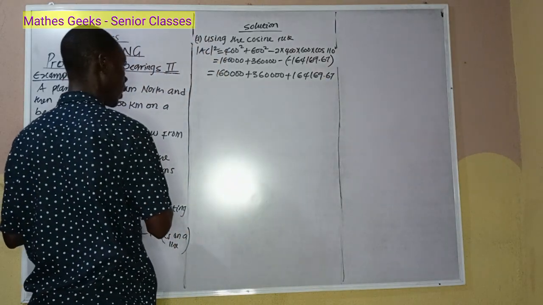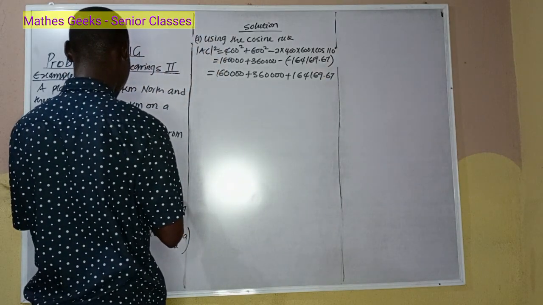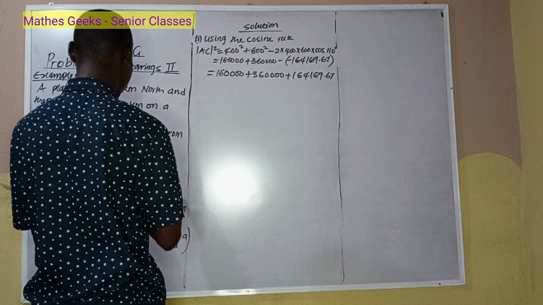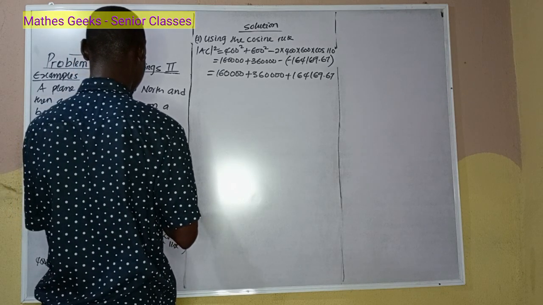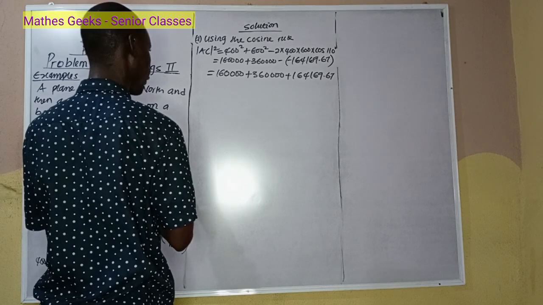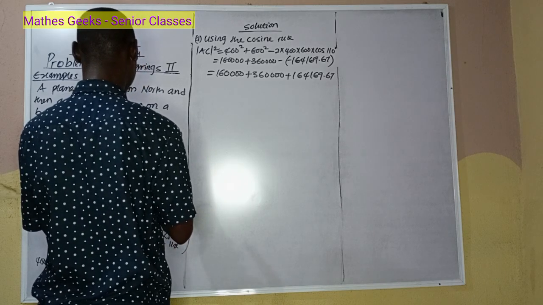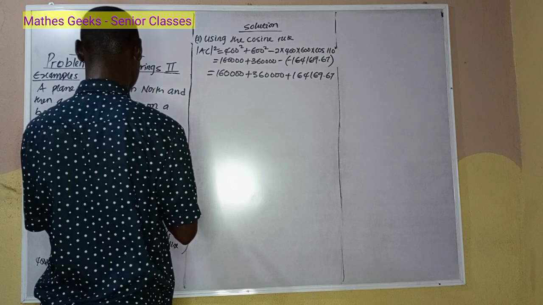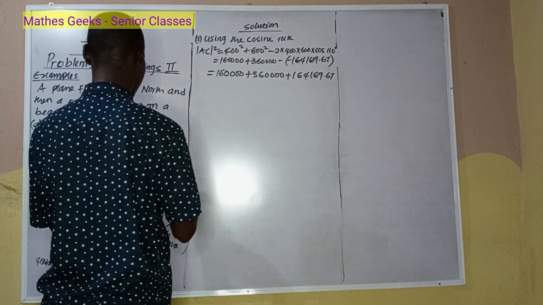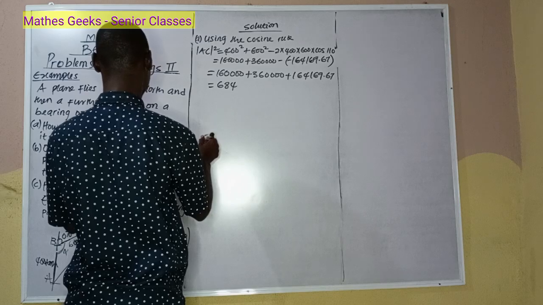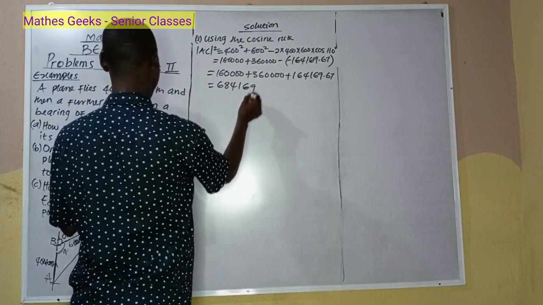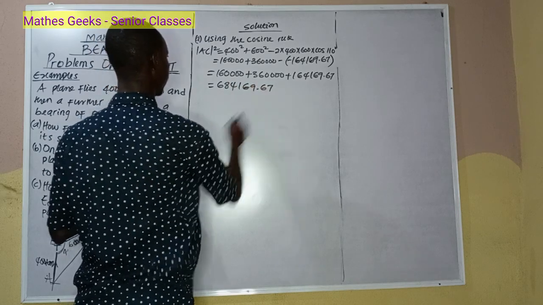So I'm going to add up everything: 160,000 plus 360,000 plus 164,169.67, that is 684,169.67.